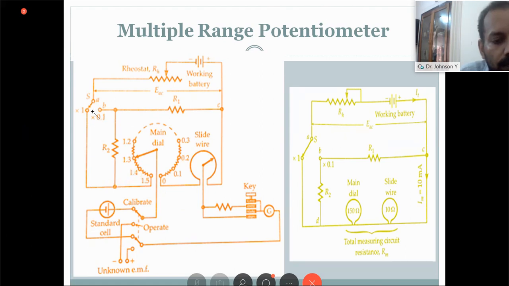Current is flowing through this circuit, and another current is flowing through this circuit.